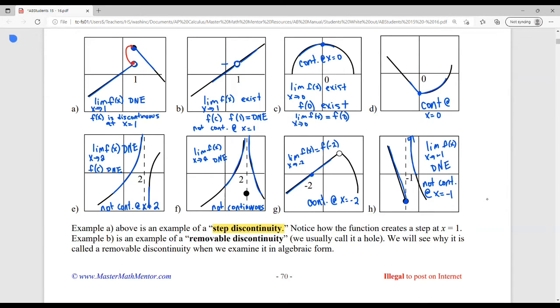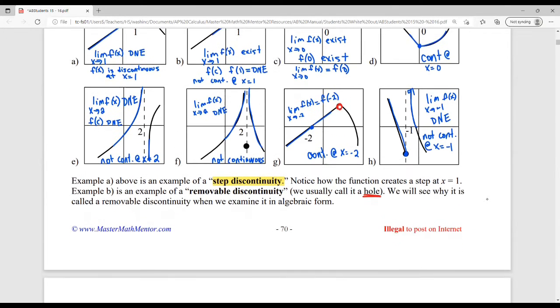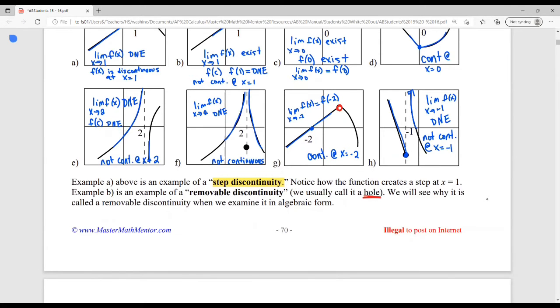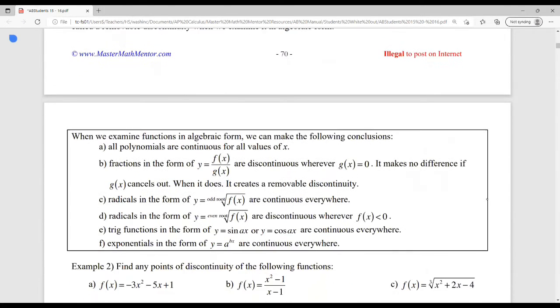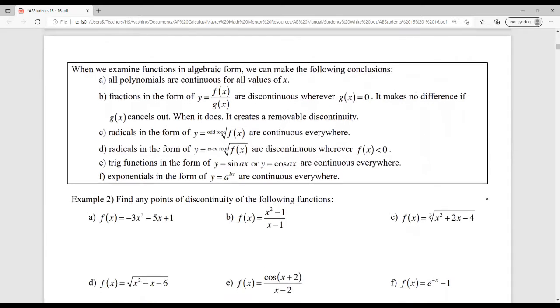Example B is an example of a removable discontinuity. We normally call that a hole, and that's the word we've been using. It's like that point has been removed from the graph. This right here in part G would also be a removable discontinuity. We'll see why it is called removable discontinuity when we look at this in algebraic form.